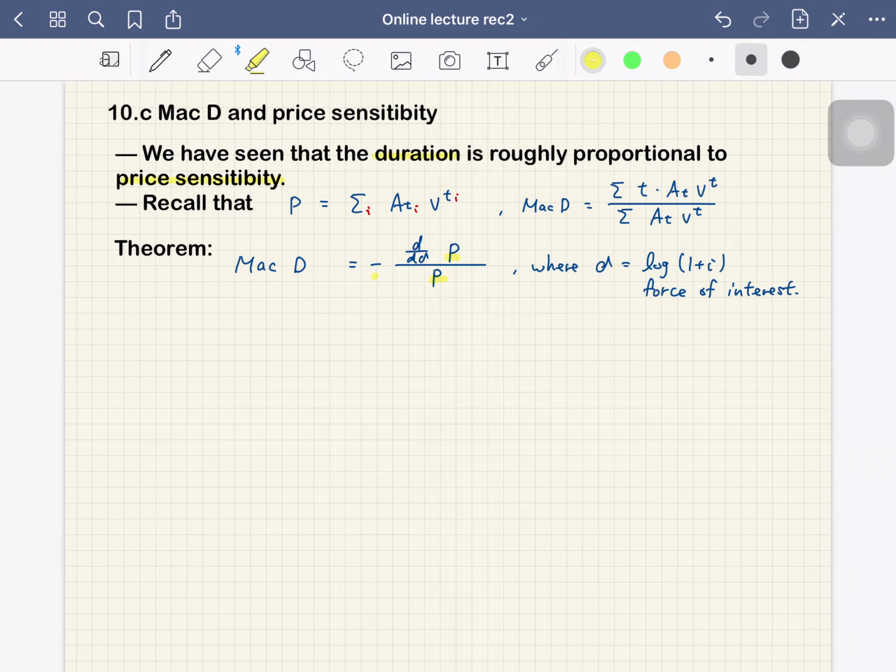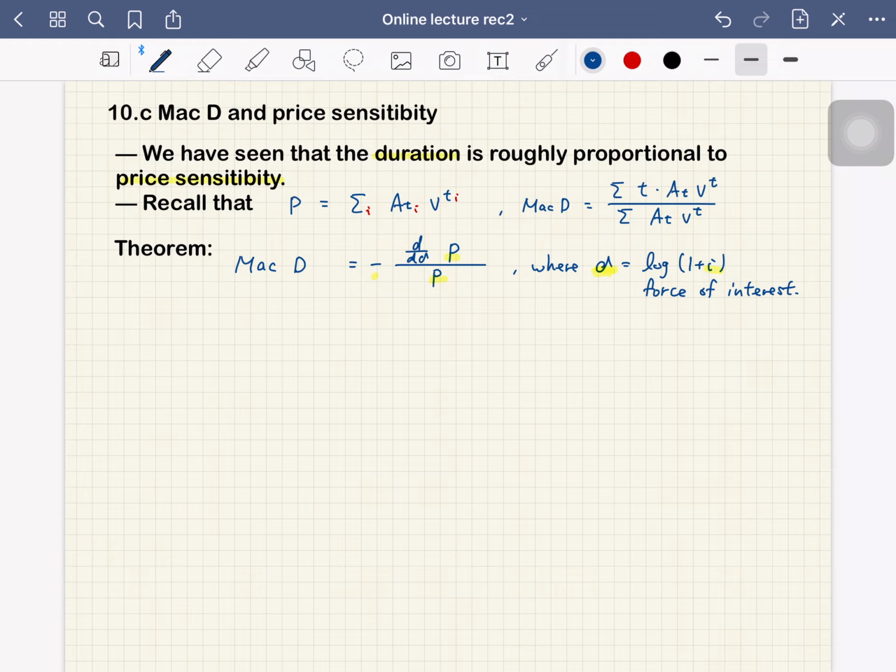And if interest goes down, price goes up. So we have to have a negative sign. And actually this is equal to Macaulay duration. So in this sense, we don't have i but delta. But if we use delta as an interest rate, Macaulay duration is exactly the measure of price sensitivity.